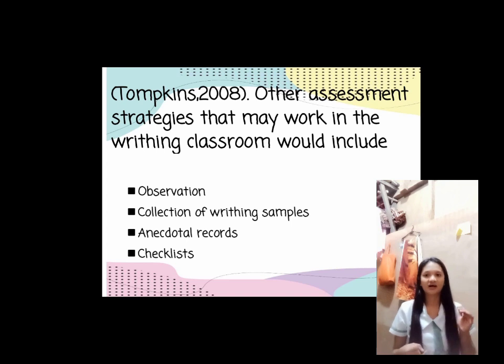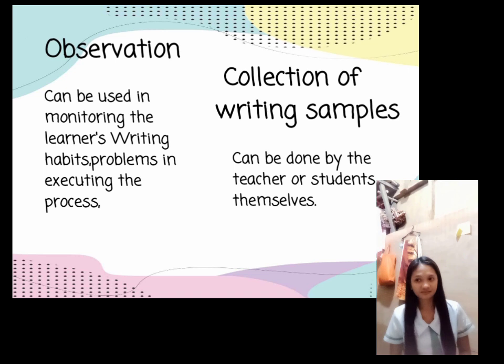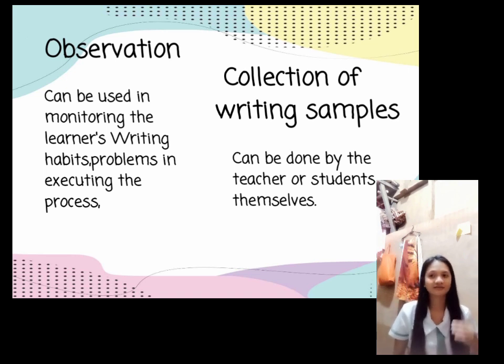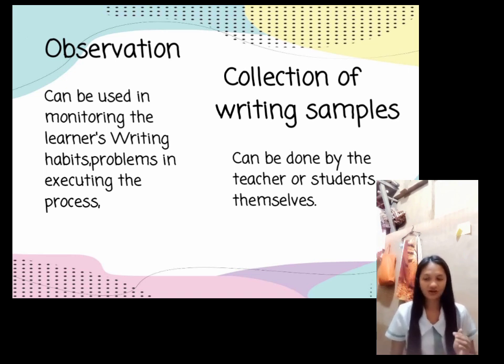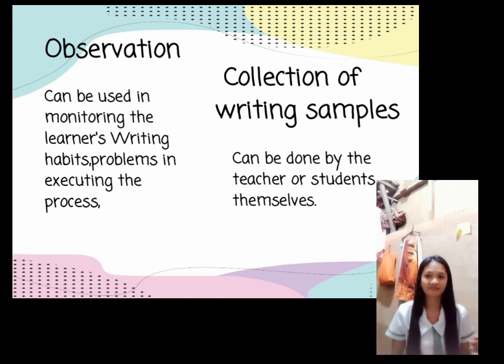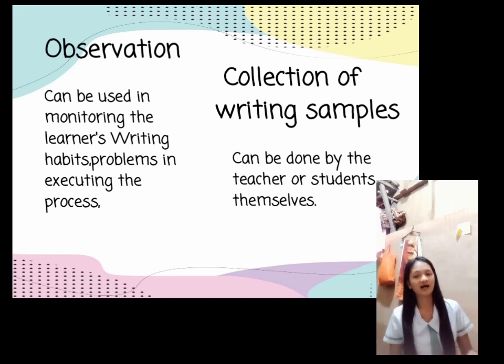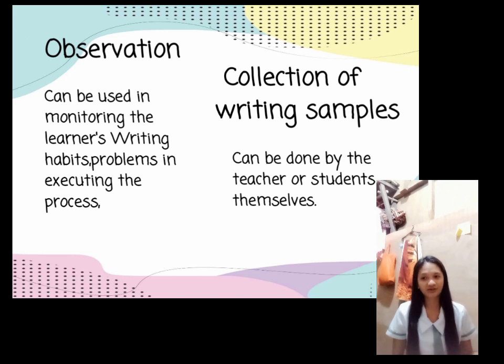For example, according to Tompkins, there is observation. Observation can be used in monitoring the students' writing habits. By this, they can observe interactions with peers during collaboration or peer writing activity. Next is collections of writing samples. It can be done by the teachers or the students.